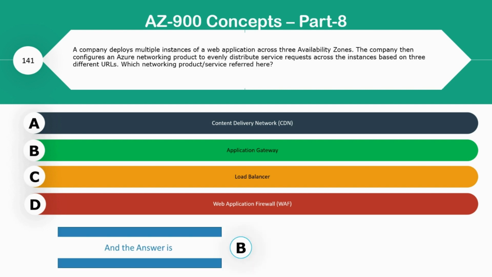The correct answer for this question is option B, Application Gateway. Let us discuss the reason. Note down the text, three different URLs, which is part of the question. Azure Application Gateway is a web traffic load balancer that enables you to manage traffic to your web applications. Application Gateway can make routing decisions based upon additional attributes of the HTTP request.